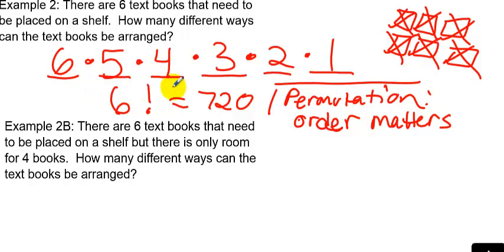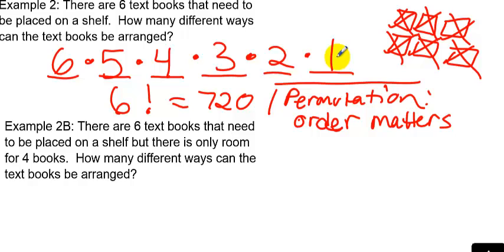The order in which these books are placed matters, okay? Because the first book is in spot number 1. The second book is in spot number 2. The third book is in spot number 3. Fourth book is in spot number 4. Fifth book is in spot number 5. And sixth book is in the last one.